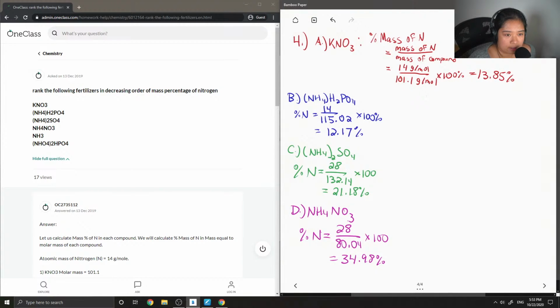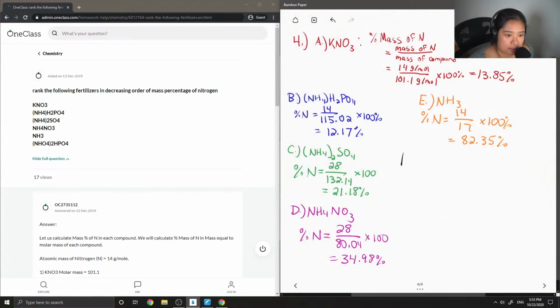Now let's look at E. It's just an NH3. So it's going to be 14 over 17 times 100%. So this is now winning, 82.35%.